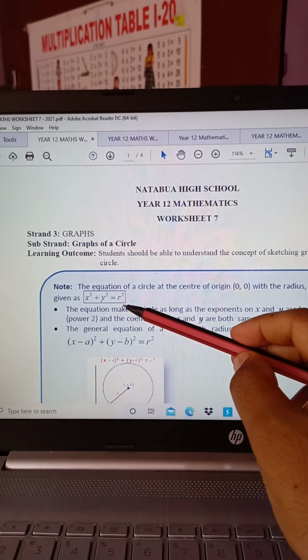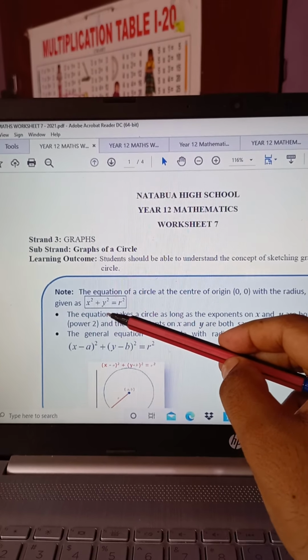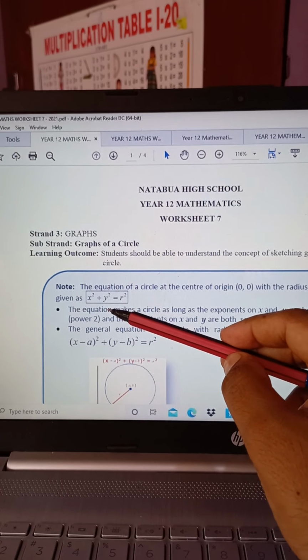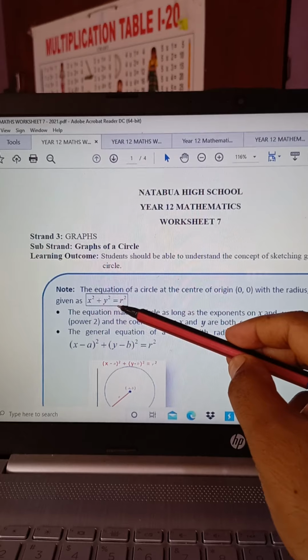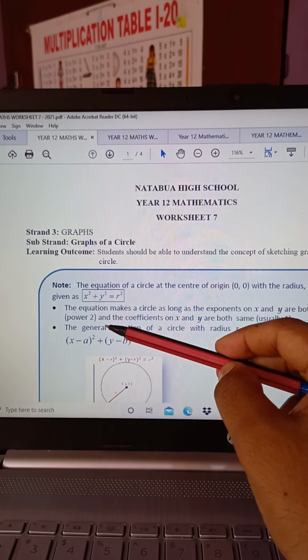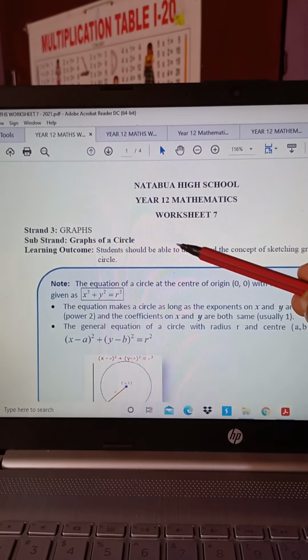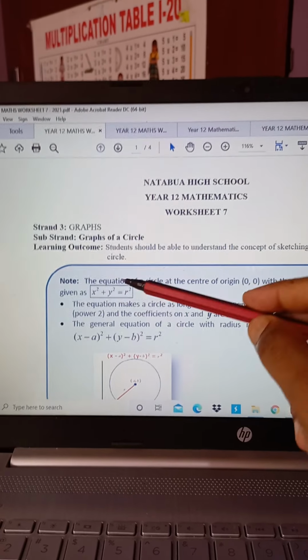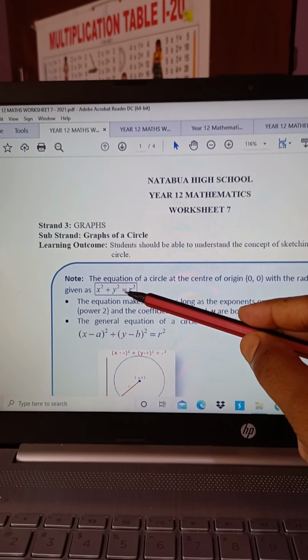The r value is normally written as a number. So if in place of r squared we have a 16, the radius would be the square root of that number, or basically what number squared gives me 16. Okay, when we deal with numbers, the numbers are always in the evaluated form.